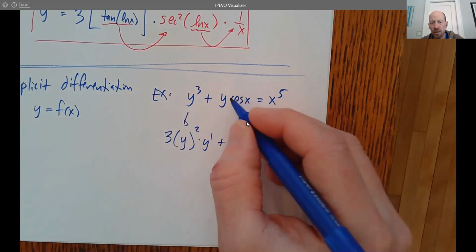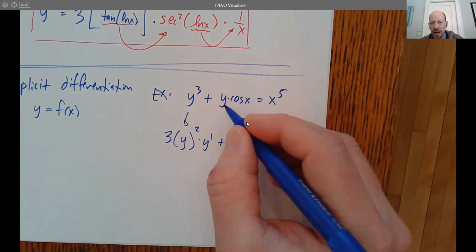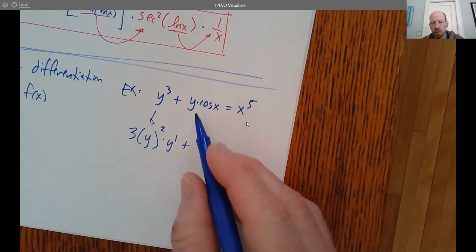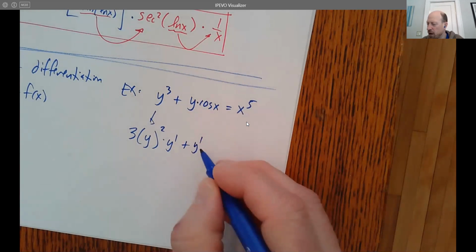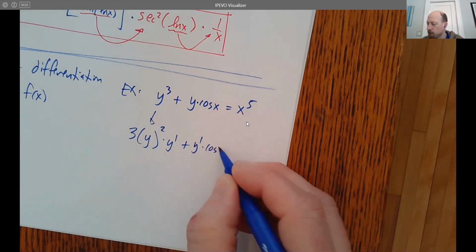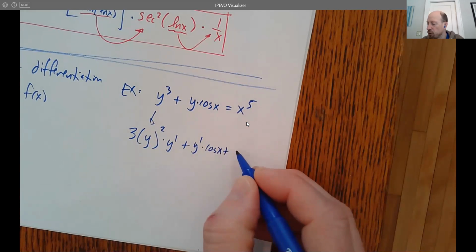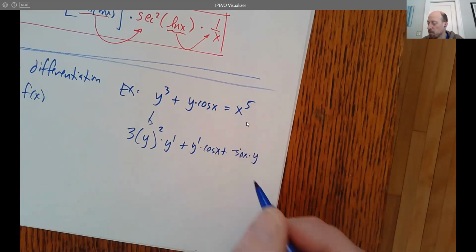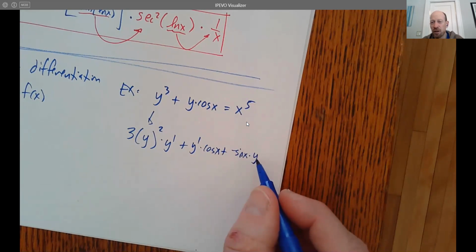Here, this is a function of x, y times cosine of x. So that's got to be a product rule. The derivative of y is y prime. The derivative of cosine is minus sine. I don't have y prime here because I didn't take the derivative of y in that second half.